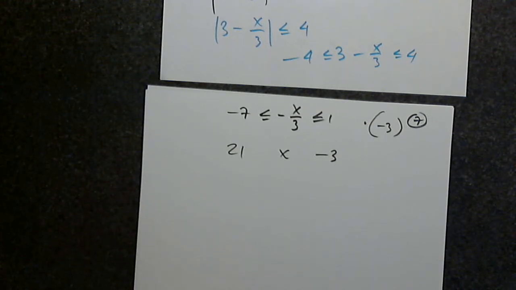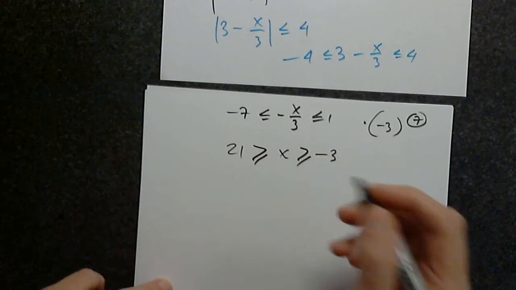I'm telling you that x is a number that is greater than 21, but at the same time less than -3. How can a number be greater than 21 but at the same time less than -3? If it's positive, it cannot be less than -3, right? So that's why we have to do this.